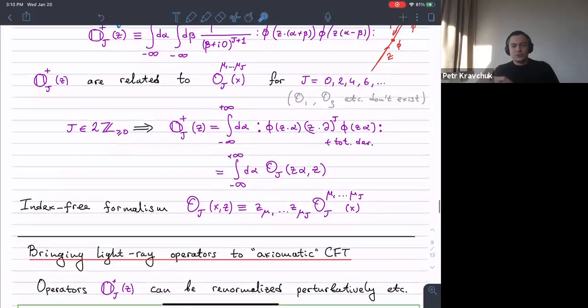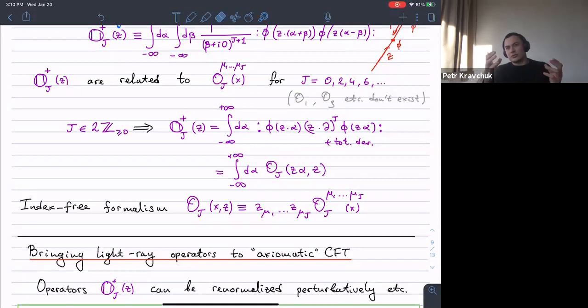Well, one thing that you can do, which is probably a trivial answer to your question, is you can use bootstrap techniques to study the CFT which you're deforming, and then you can try to use conformal perturbation theory to understand the deformation, or you can try to use the truncated conformal space approach.